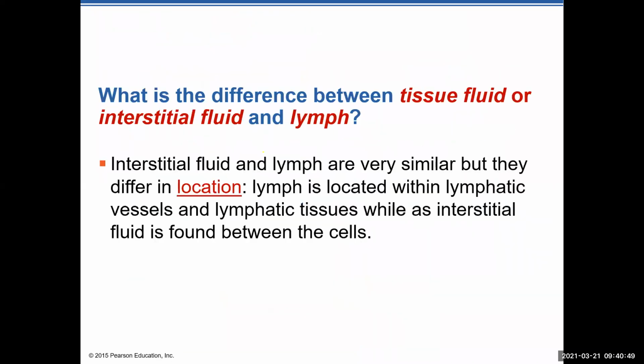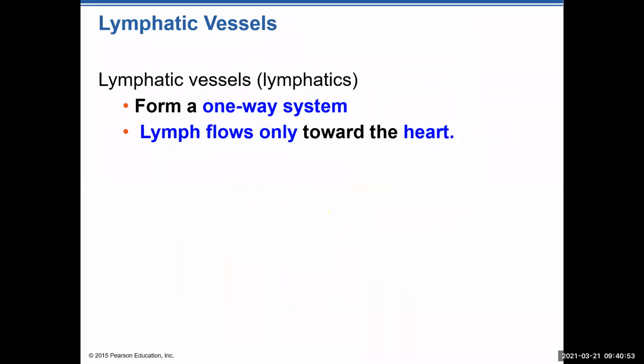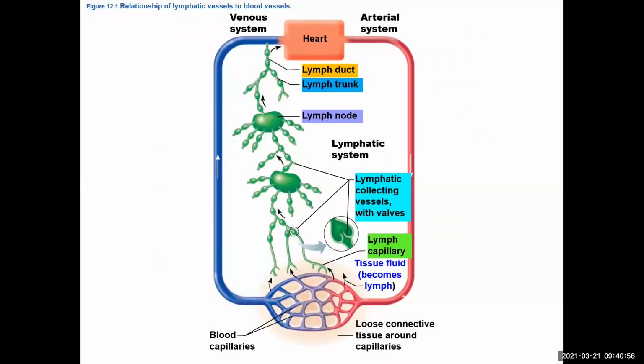I think we had a slide for that. Look at this, yeah. We have the lymphatic capillaries, the collecting vessels, then the trunk, and then the duct. The duct is the largest of all, which finally pours the lymph into the blood, right? That's what we learned there.